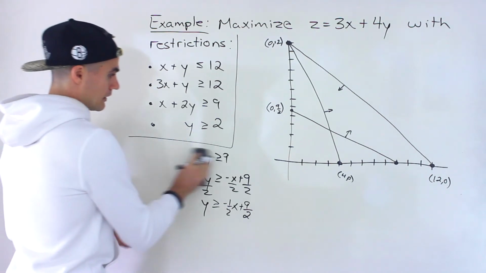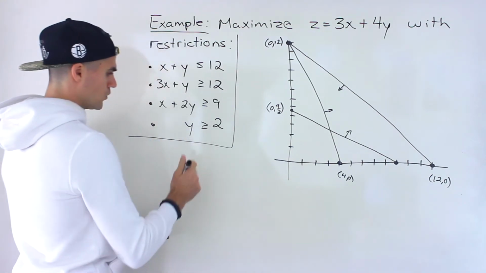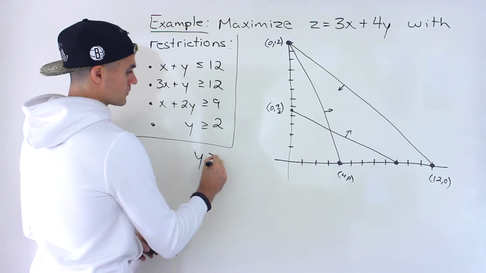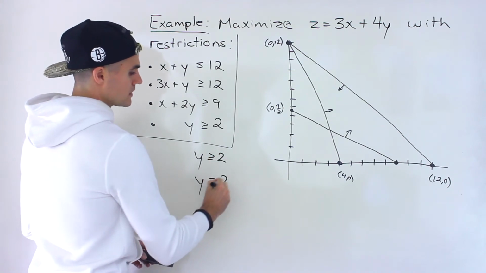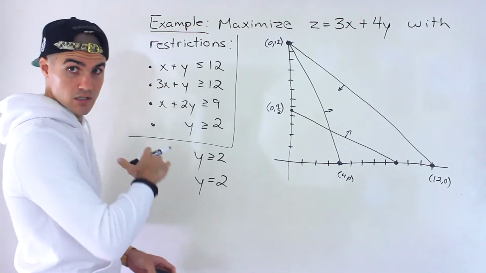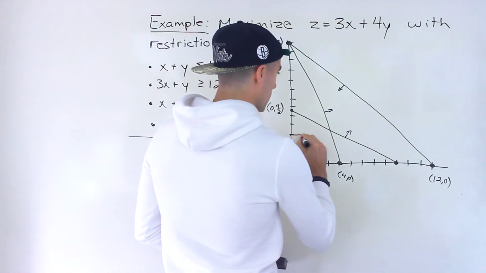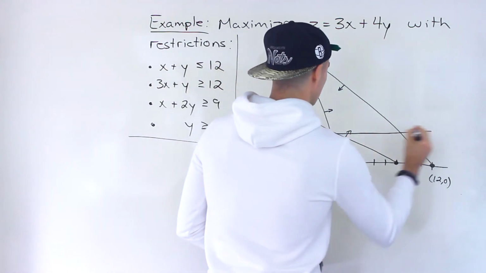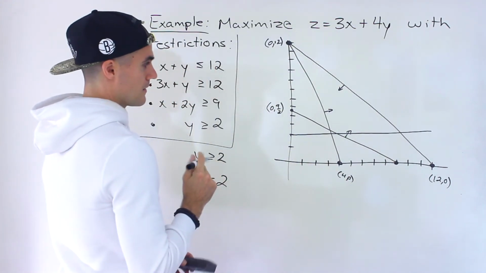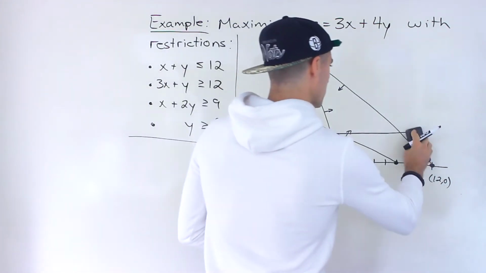Now, the last restriction would be y is greater than or equal to 2. This one's pretty easy. What's y equals to? Well, that's just a horizontal line, which would be right over here, like that. You know what?